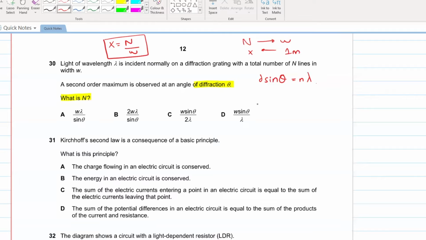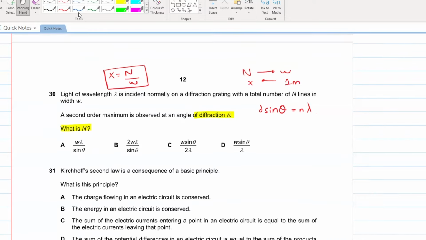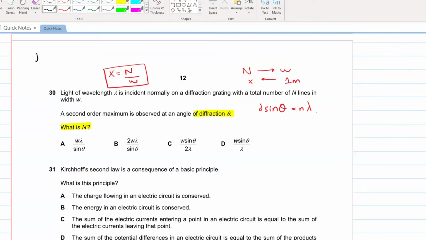What is d? d is 1 over the number of lines in 1 meter. So you can find d here. d is equal to 1 over N over W, which is W over capital N. Let's write it here.